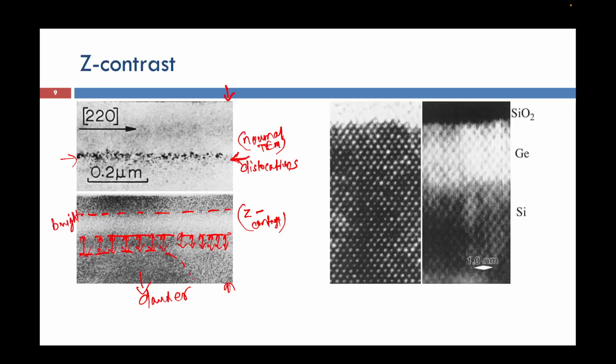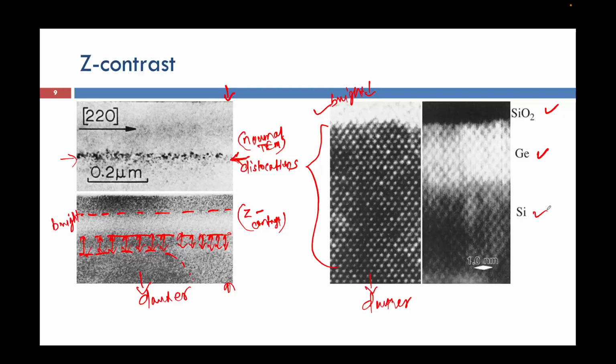Similarly, this is an example of what happens if, from a normal TEM image, we apply the Z contrast. Here, from here to here completely, we are getting some type of atoms, and this is the bright area, and all these areas are darker. We knew in our sample that silicon dioxide, germanium and silicon are there.